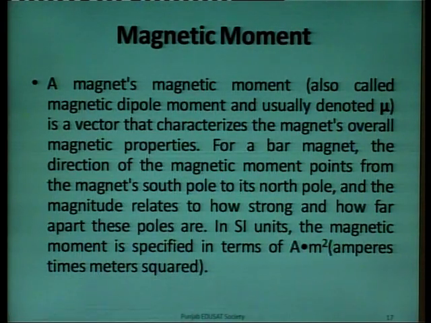In the SI system, the magnetic moment is specified in ampere meter squared.